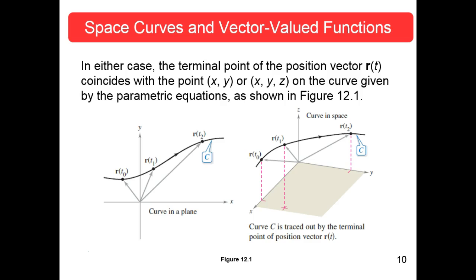You usually put an arrow on it to indicate the direction of motion or the direction of development of that curve. In 3-space, these are much harder to draw and to visualize because some of this is coming out of the board, some of it may be going into the board, but it's all on the board, so you can't really tell what's going on.